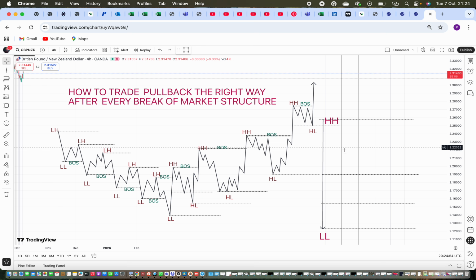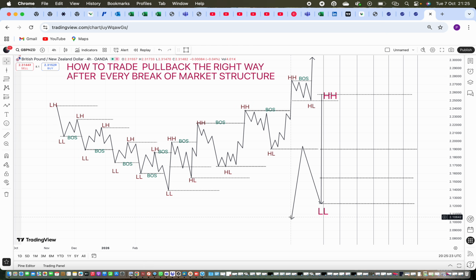So now whenever price break every structure, so let's assume that this level, this 50%, was where price broke structure from. I want to make this video as practical as possible. All right. So maybe this was an uptrend, a downtrend.